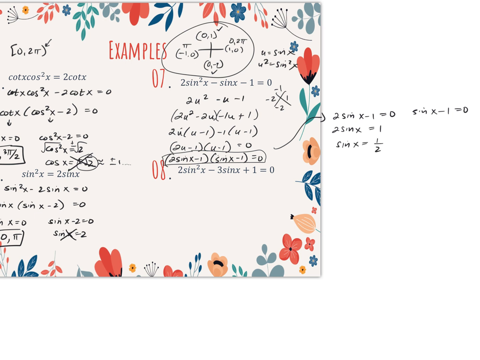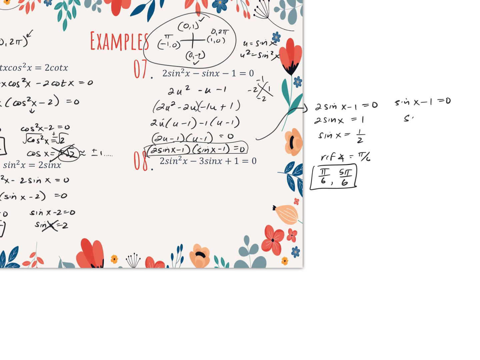And again, what values in my unit circle have a sine of a half? Well, when the y value is a half, I know I'm dealing with a reference angle of pi over 6, or 30 degrees. So my sine is positive in quadrant 1 and 2. So it's going to be pi over 6, and it's going to be 5 pi over 6. So these are these two.